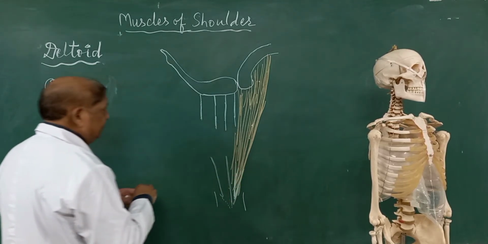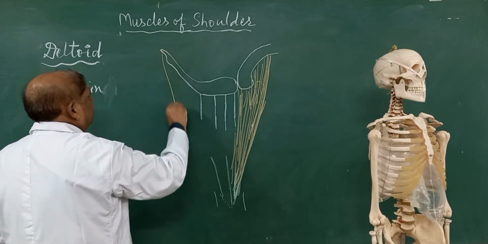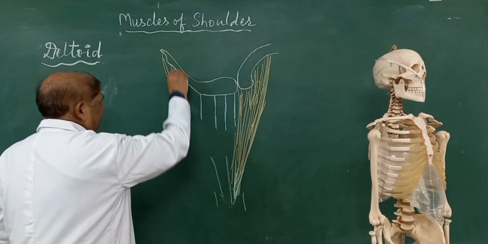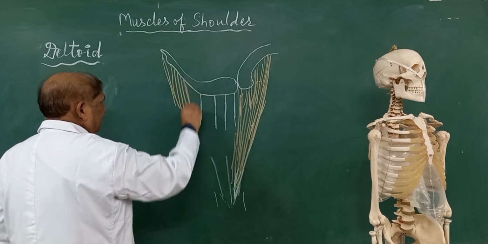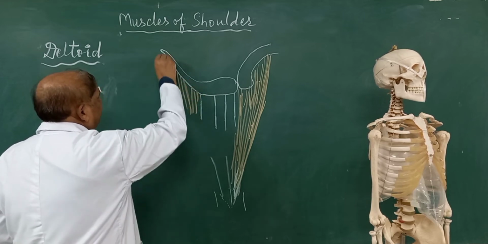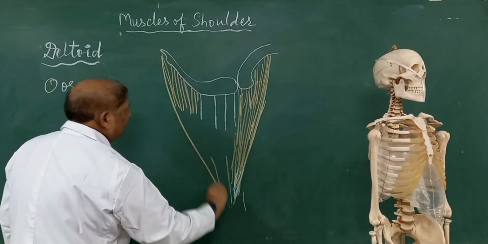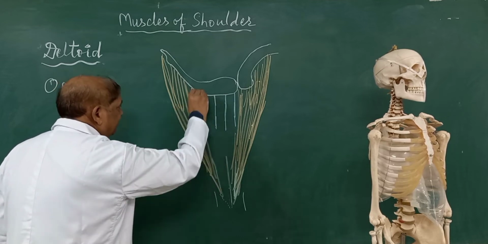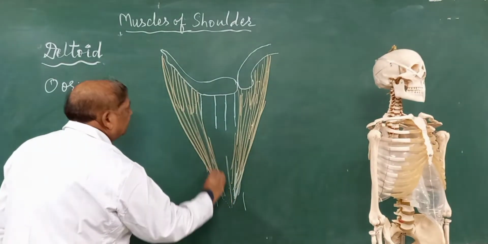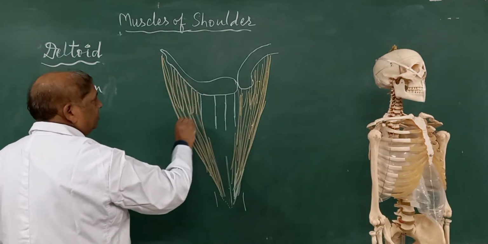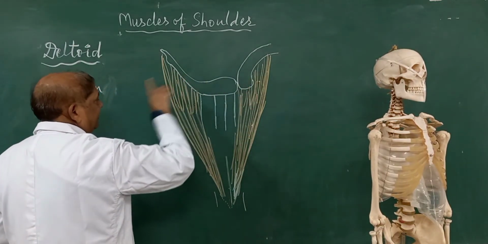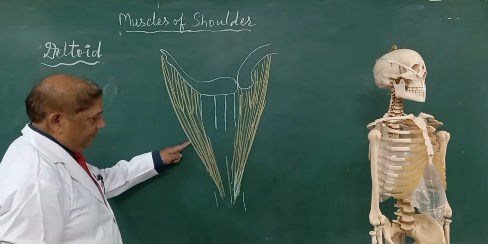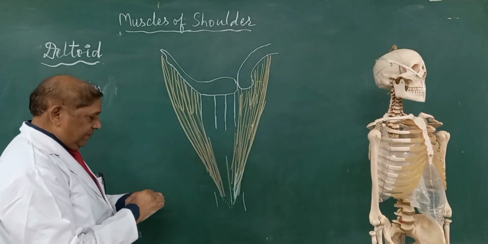Similarly the fibers which take origin from the posterior part, that is from the lower lip of the spine of the scapula, go forwards as well as laterally, and these are also unipinnate fibers. So both clavicular fibers and spine of the scapula fibers are unipinnate.